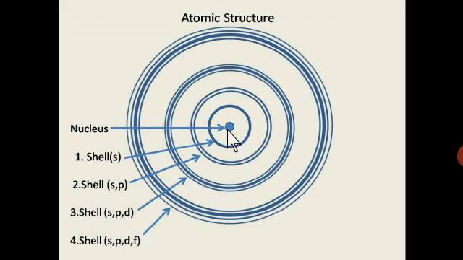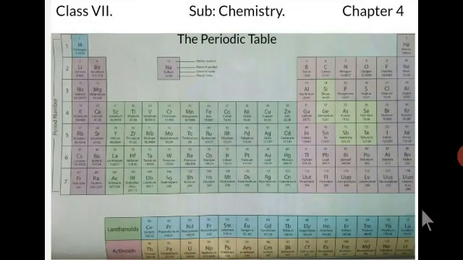If the outermost electron is in the S subshell, then those elements will be categorized as S block elements. These elements are categorized as S block elements because their outermost electron is in the S subshell.